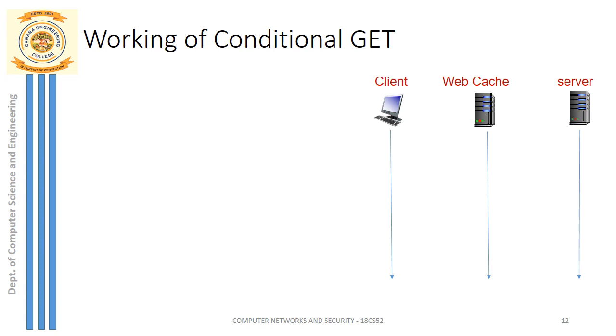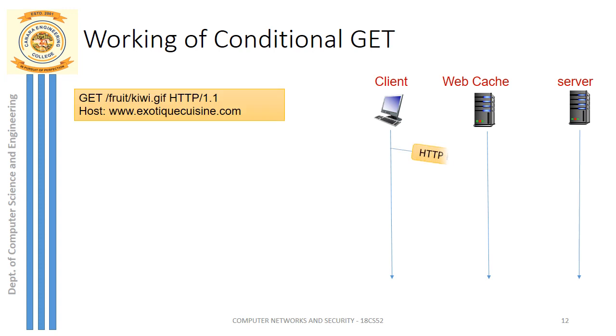Here we consider a client, a server, and a web cache between the client and server. First, the client makes a request to the server through the web cache. That means the HTTP request is transferred from the client to the web cache. Since it is requesting an object, we have a GET method in the request and a host with the address given in the slide.